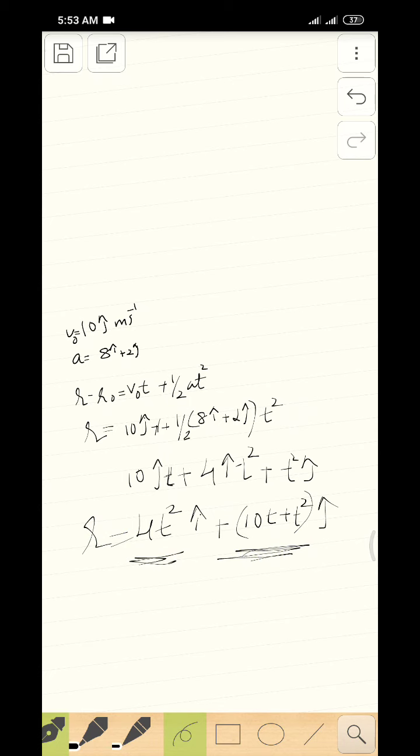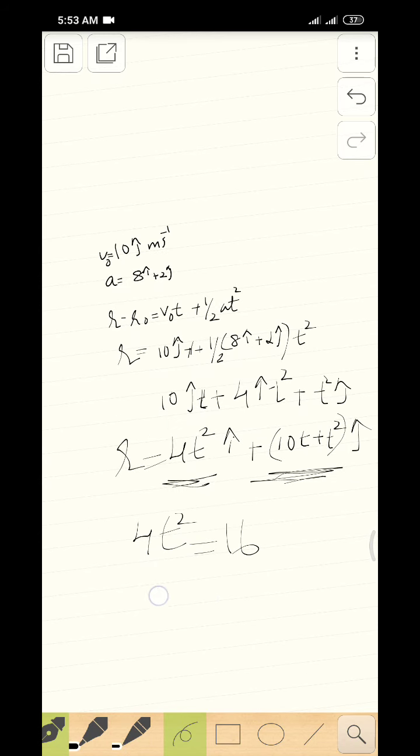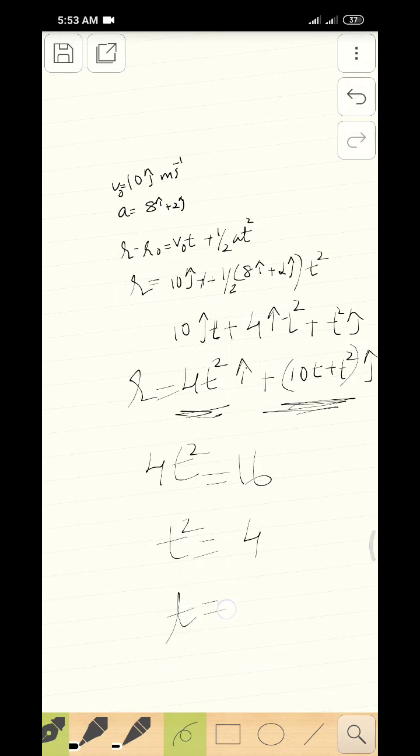Here in this question it is given that the x coordinate will be 16. So 4t square is equal to 16, so t square is equal to 4 and t will be equal to 2.